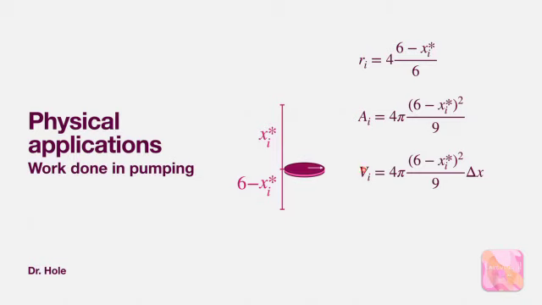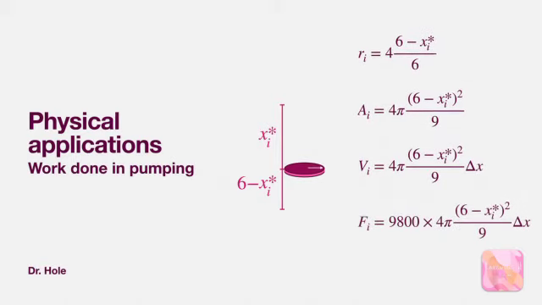Now, this is the volume measurement of water present at this depth. We need to know the force that water has. So F sub i, take the volume and multiply it by 9,800.